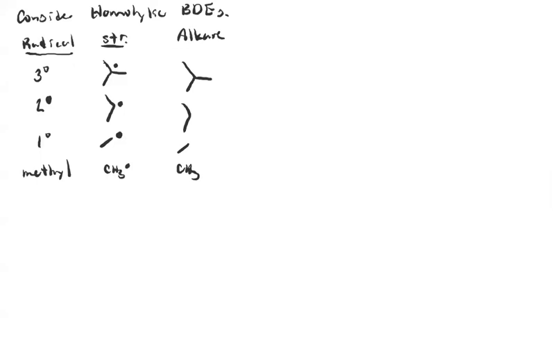Drawing those hydrogens, we can ask the question: what is the homolytic bond dissociation energy? What are the C-H bond strengths in these alkanes? What we find is that the tertiary is the weakest. This is in kcal per mole.